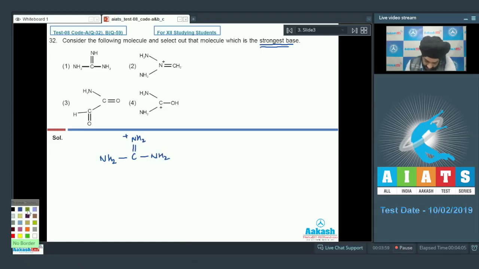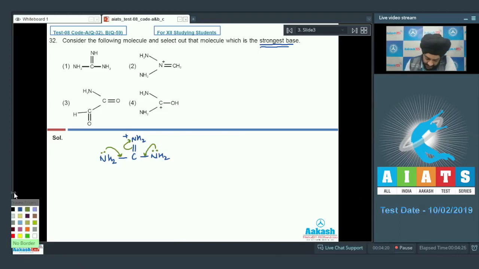Now we can see that this structure will be resonance stabilized because of the lone pairs of adjacent nitrogens. So both these nitrogens are going to help stabilize the plus charge which is present on the nitrogen. So this is quite stable structure. It will be quite decently basic.